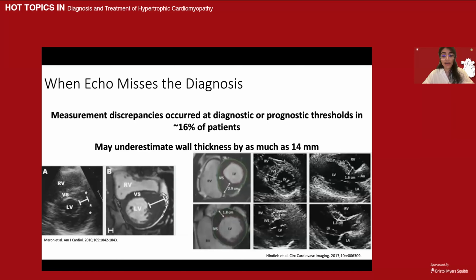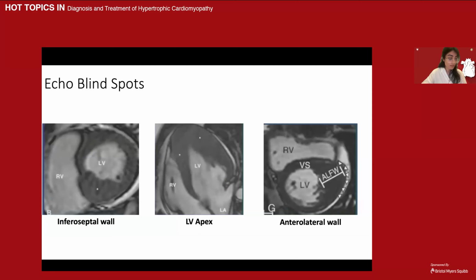One study showed that echo could underestimate maximal wall thickness by as much as 14 millimeters in selected patients. Importantly, these discrepancies are not just academic. In another study shown here, approximately 16% of patients crossed an important diagnostic or prognostic threshold depending on the imaging modality used.